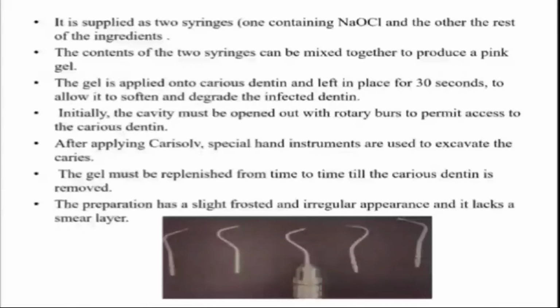First one is dentin desensitization. It is the treatment option for situations with a minimum amount of dentin exposed, that is less than 1 mm, and it can be managed by fluoride varnish, dentin bonding agent or any desensitizing toothpaste.